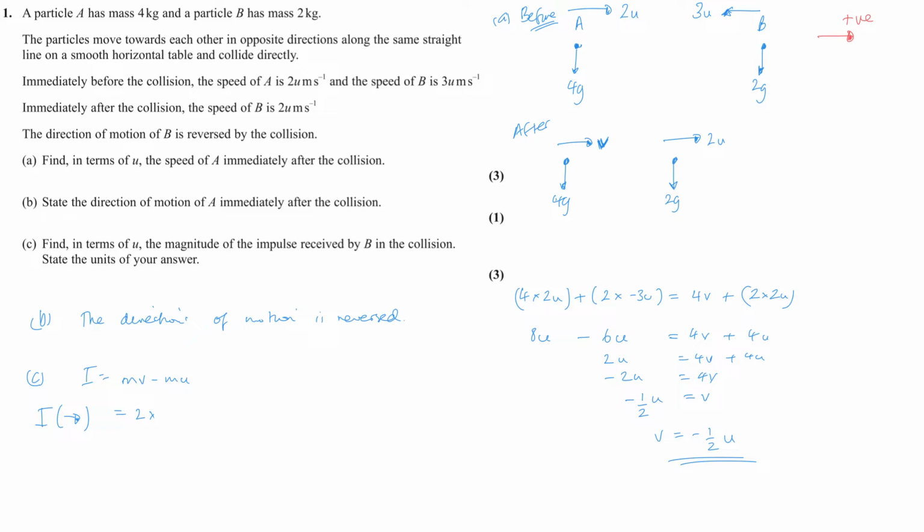So the final one is 2 times 2u minus 2 times minus 3u, which is 4u plus 6u, or 10u. And the units are Newton seconds. Okay, nice start, nice and easy, straightforward. Let's go on to question 2.